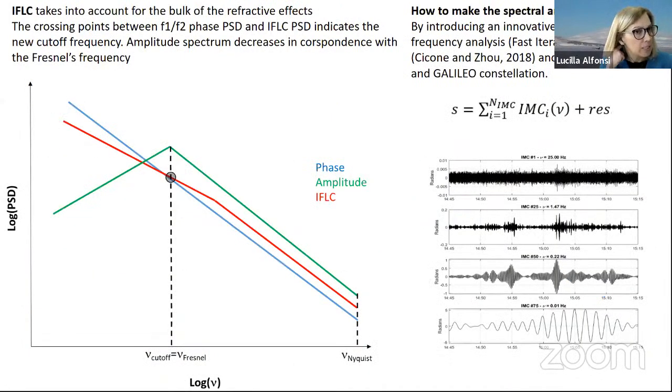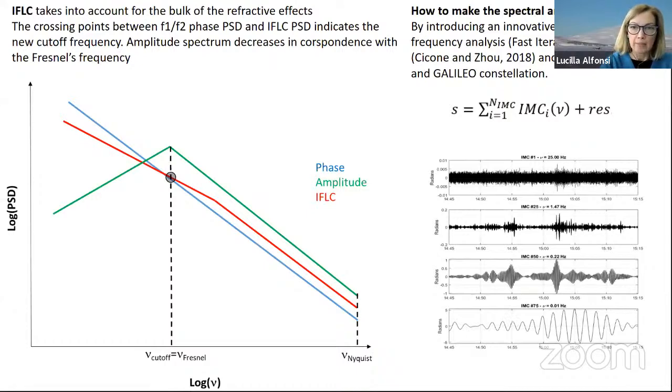We have done this by using the ionospheric free linear combination to take into account the bulk of the refractive effects. And we are supposing that the crossing point between the two carrier frequency phase power spectral densities and the ionospheric free linear combination power spectral density can identify the new cutoff frequency.